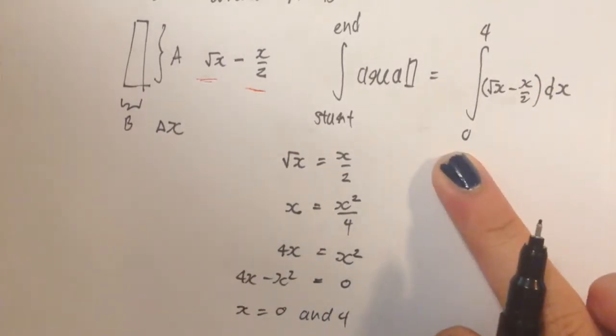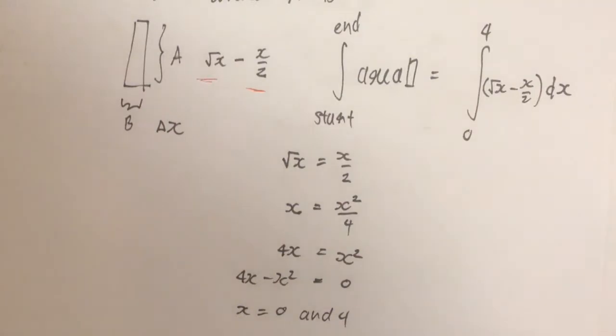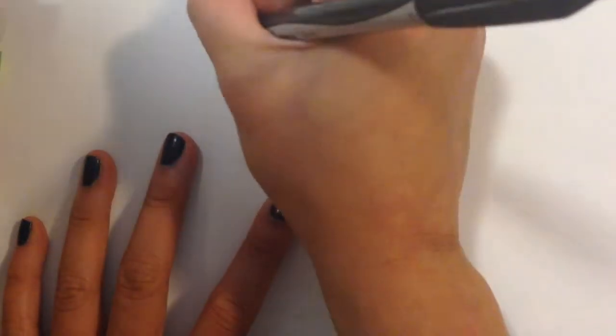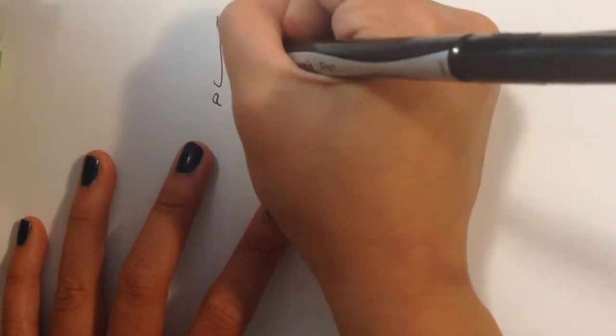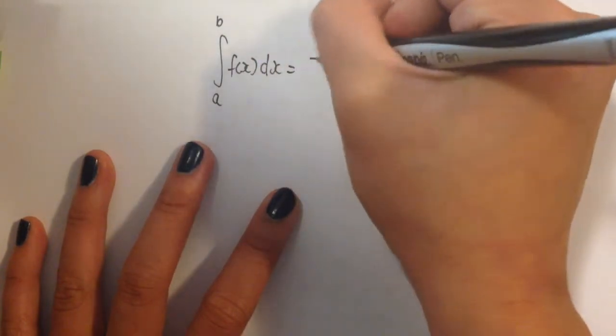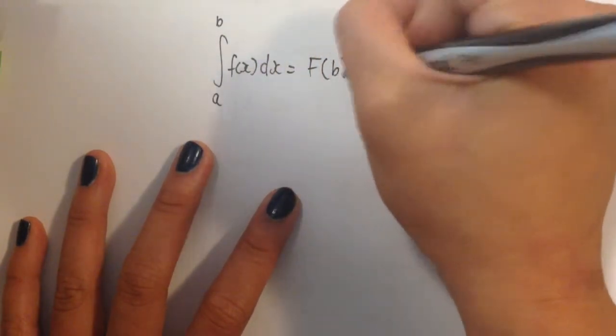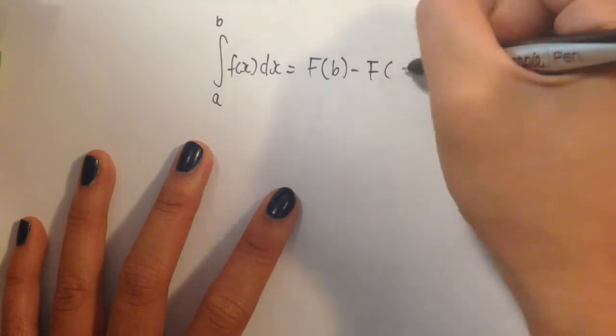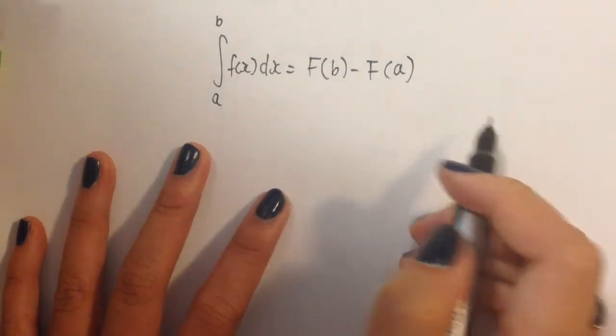Now to integrate this, we can use the fundamental theorem of calculus, which is basically the integral from a to b of f of x dx equals big F of b minus big F of a.